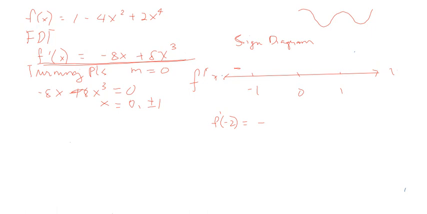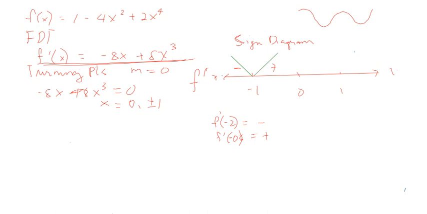So let's choose negative 0.5. And again, substituting this to the given function here, negative 8x plus 8x cubed, we will get a positive sign, and we look at the behavior of the function at the point where x equals negative 1. So we see that it is decreasing and then increasing.